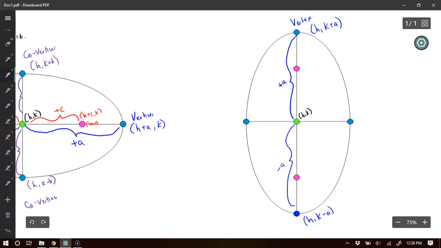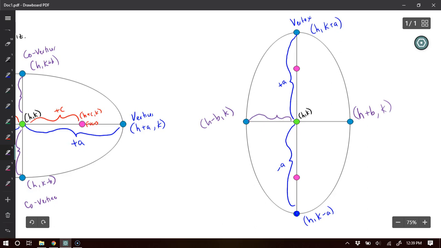What about with your co-vertices? Notice co-vertices here, I'm moving left and right. So that's going to affect the H value, that X coordinate. So I'm going to add, subtract B to H, and that gives me my co-vertices.